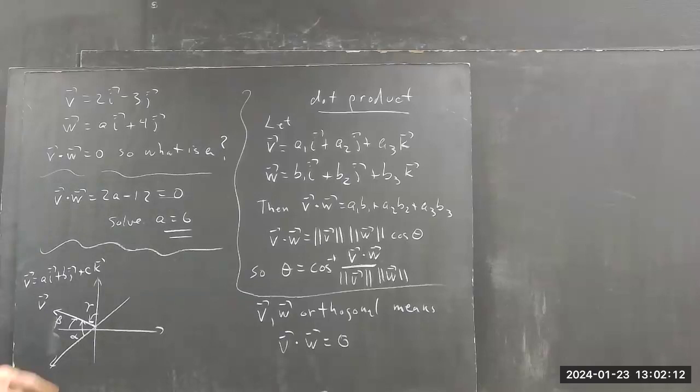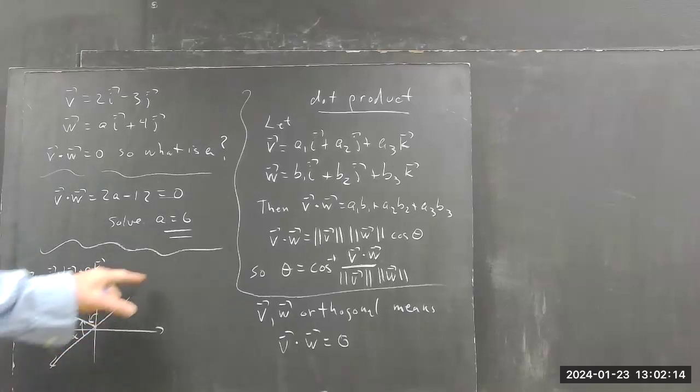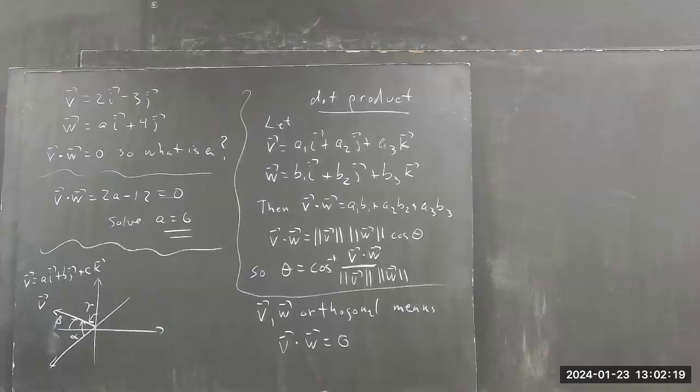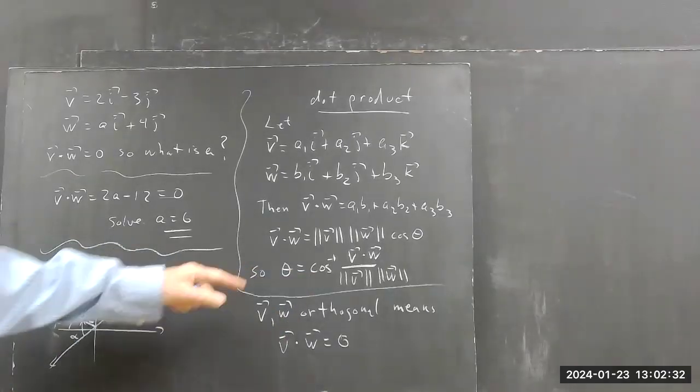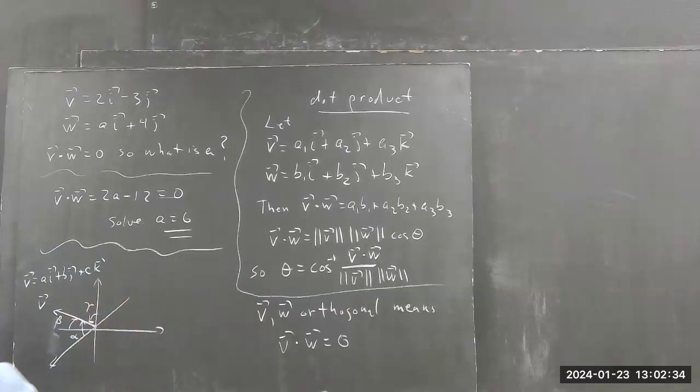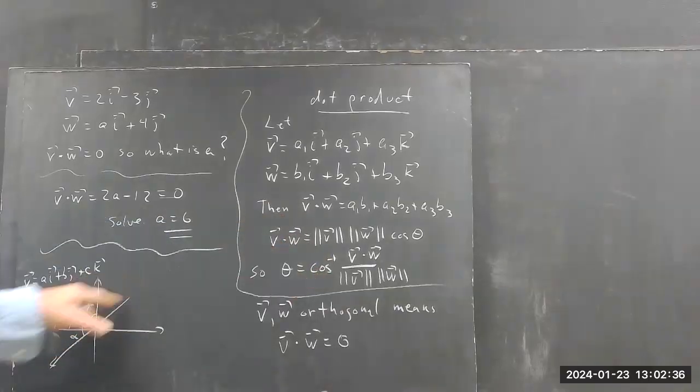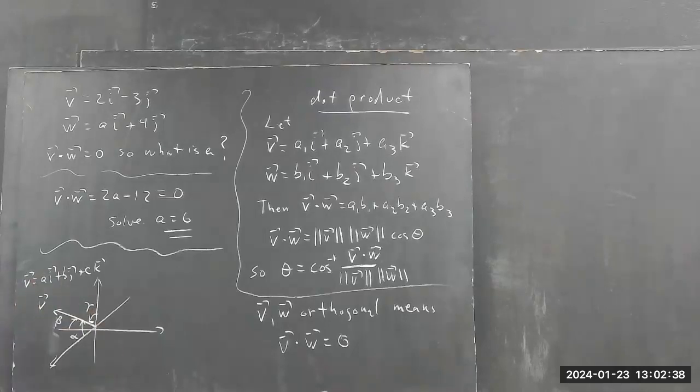Well, what you know about the other vector is it lies along the x-axis, right? Because you're looking at the angle between this vector and the x-axis, you just pick any vector in the x-axis and find the angle. It'd be alpha, the inverse cosine of the dot product of that with whatever vector along the x-axis you might want to choose, divided by the product of the two magnitudes.